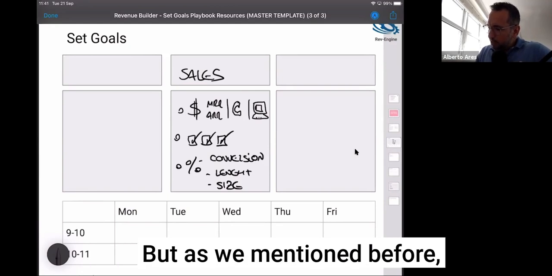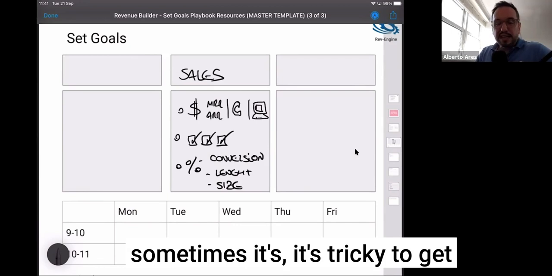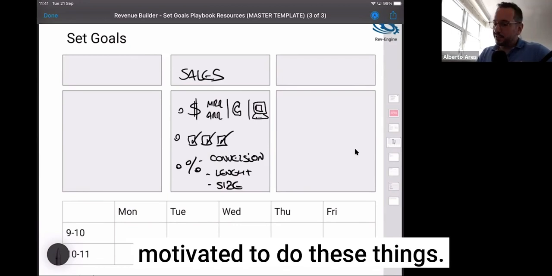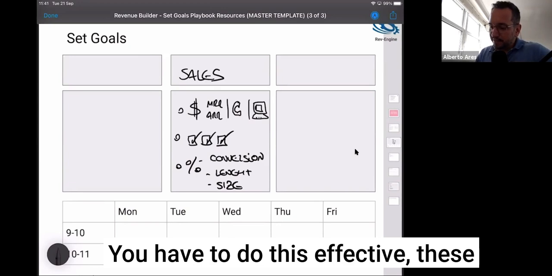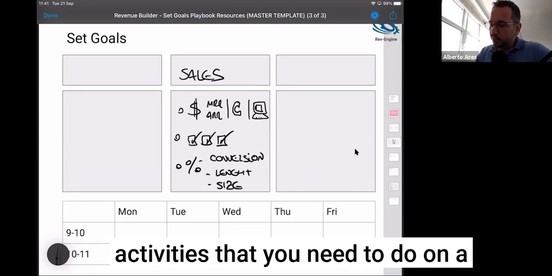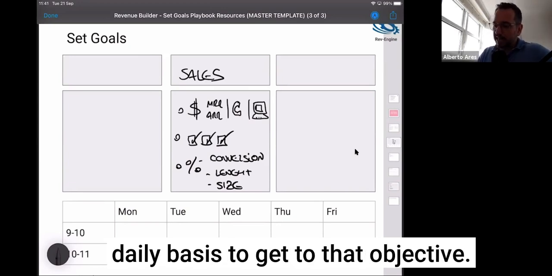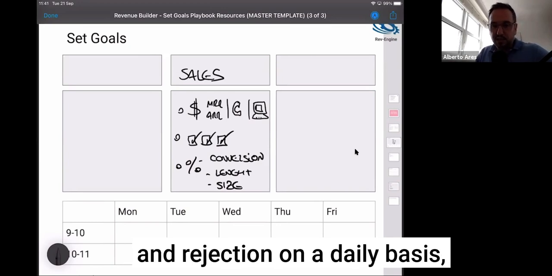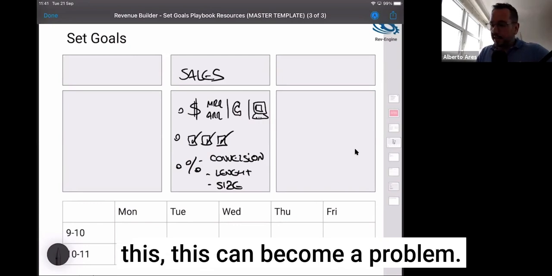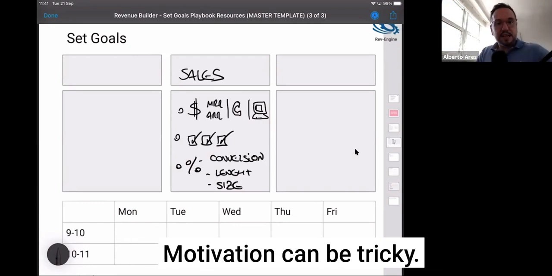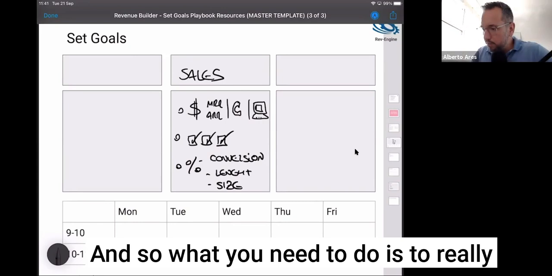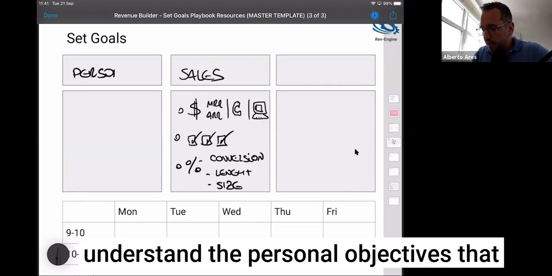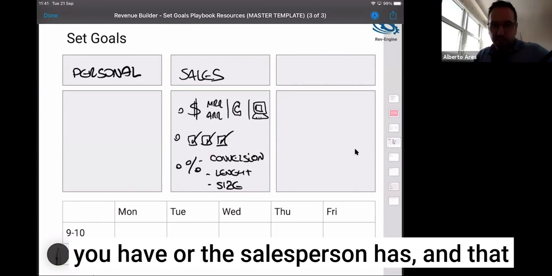But as we mentioned before, sometimes it's tricky to get motivated to do these things, to do these activities that you need to do on a daily basis to get to that objective. And when you get the no's and rejection on a daily basis, this can become a problem. Motivation can be tricky. And so what you need to do is to really understand the personal objectives that you have or the salesperson has.